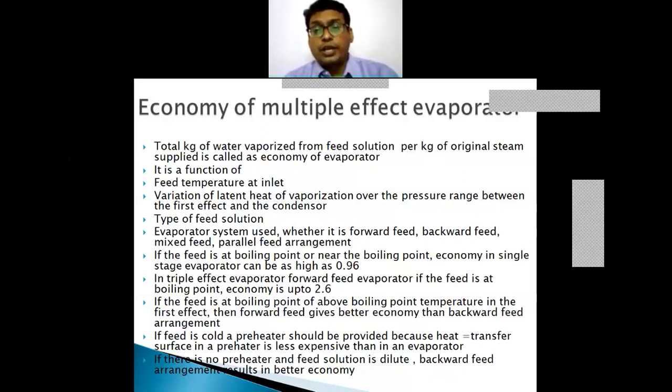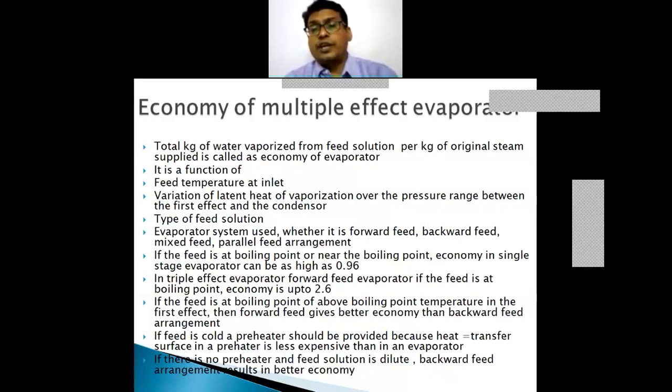If the feed is at or near the boiling point, the economy in the single stage evaporator can be as high as 0.96. In case of a single effect evaporator, the steam economy is only up to 0.96. However, in the triple effect evaporator, steam economy goes up to 2.6 if the feed is at the boiling point or above the boiling point temperature in the first effect.